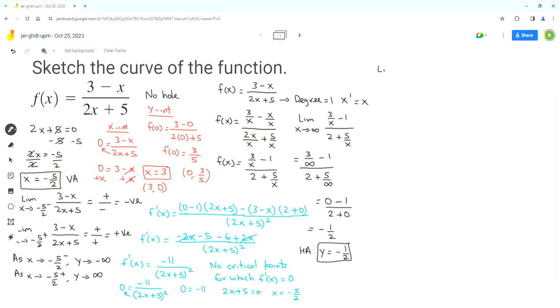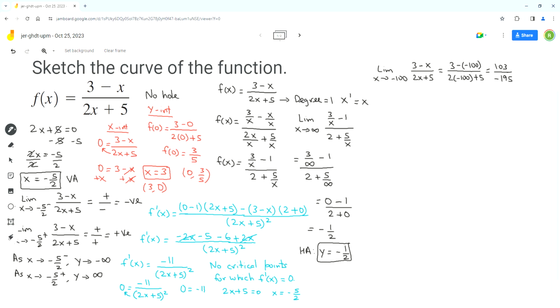Limit as x approaches negative 100 of (3 minus x) over (2x plus 5). Now we can apply the limit. So 3 minus negative 100 over 2 times negative 100 plus 5. In the numerator we get 103 and in the denominator we get negative 195.